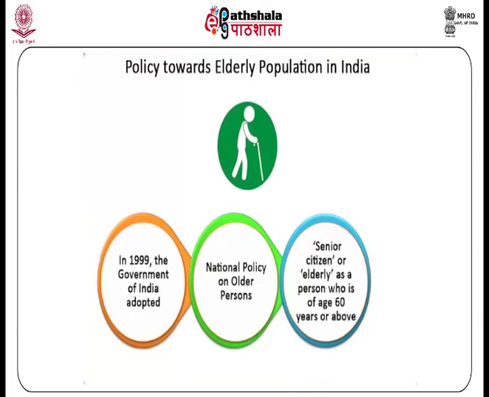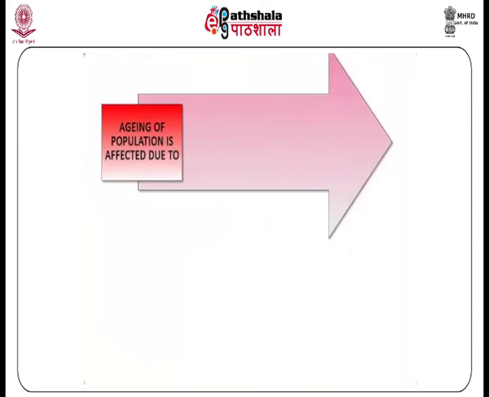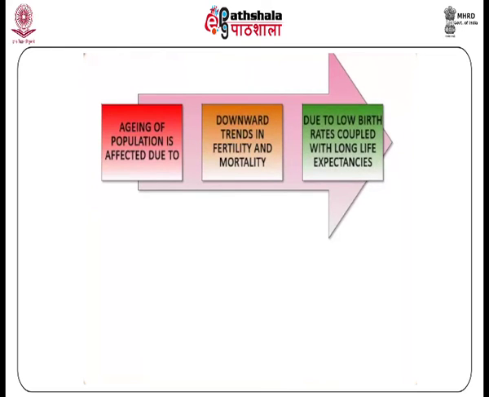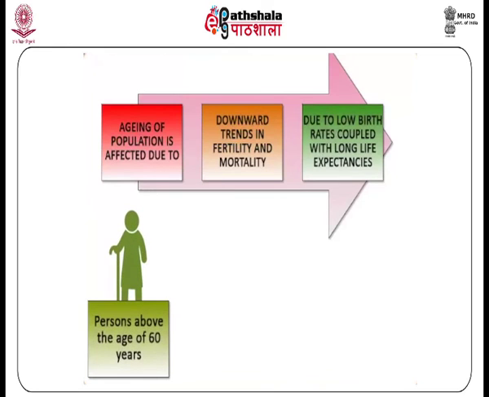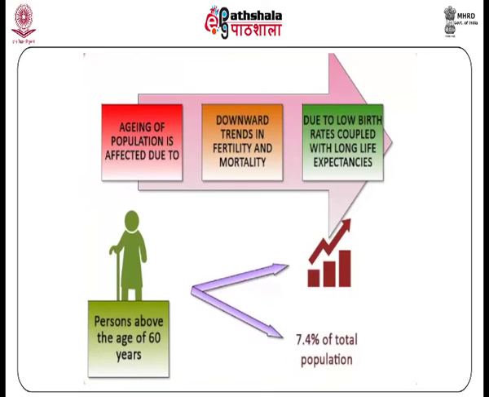Aging of population is affected by downward trends in fertility and mortality, that is, due to low birth rates coupled with long life expectancies. In India, the size of the elderly population, that is, persons above the age of 60 years, is fast growing, although it constituted only 7.4% of the total population at the turn of the new millennium.